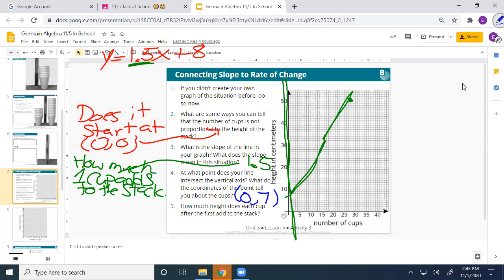And now I want to think about this (0, 7) in the context of this story. Caleb, what does this (0, 7) mean in the context of our story? That 0 what is going to be 7 what? So 0 is our x. 0 what? 0 cups is going to be what?